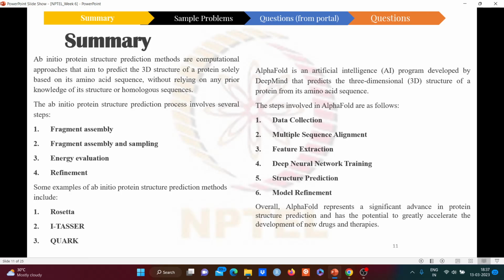AlphaFold represents a significant advance in protein structure prediction and has potential to greatly accelerate the development of new drugs. And so when we compare AlphaFold to homology modeling, homology modeling is only structure based.